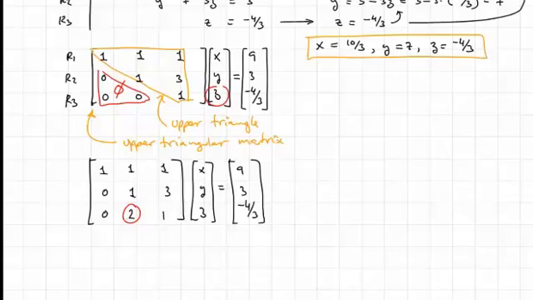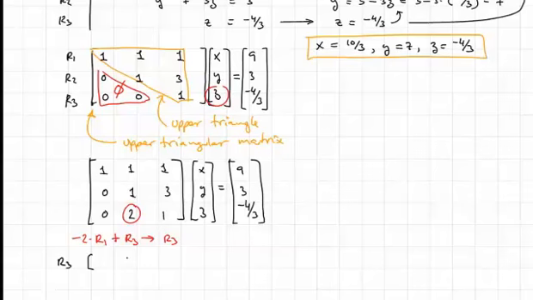Well, we use either row 1 or row 2 to make the modification to row 3. So for instance, we could take minus 2 times row 1 plus row 3 and put that into row 3. What will happen there is, if we do that, I'm just going to rewrite the new row 3.